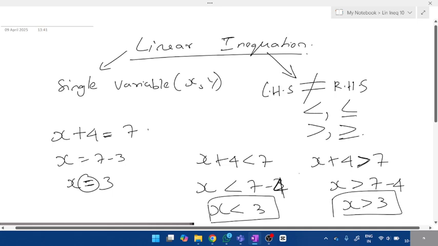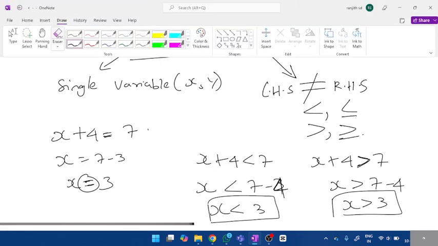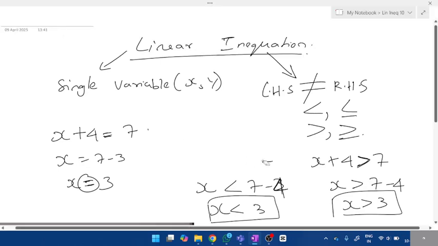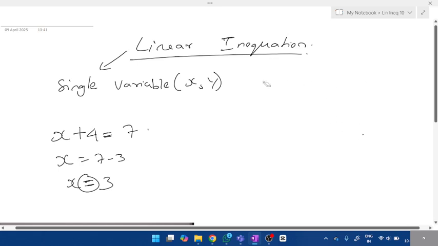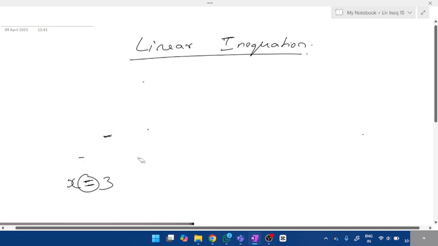When you solve, it is similar to a simple linear equation, except there are two rules. For division and multiplication, we follow two rules. This is linear inequation. If it's not equal, it should be less than equal to, greater than or equal to. Look next.